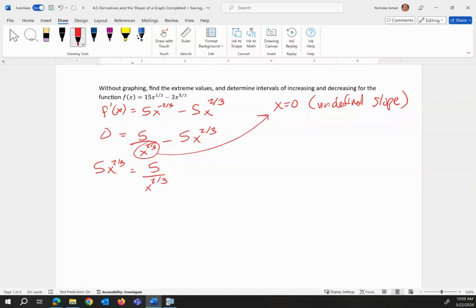All right, but now we're still solving for when it does equal 0, not undefined. So what I can do here is maybe cross multiply. So 5x to the 2/3 times x to the 2/3, we would add those two exponents. That would be 4/3. Divide by 5.